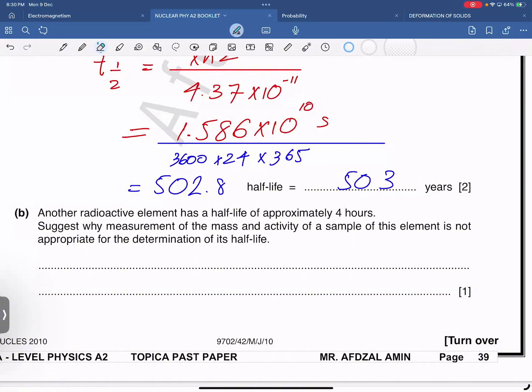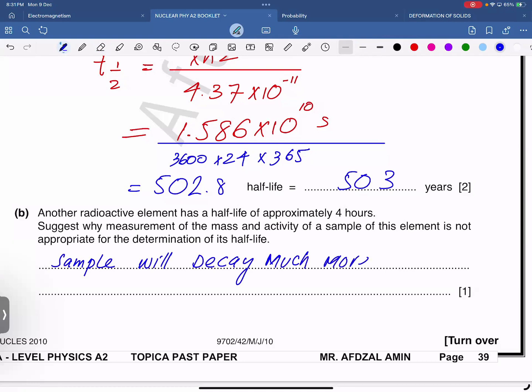It will decay much more while measurements are being taken, so activity won't remain the same. Yes or no?